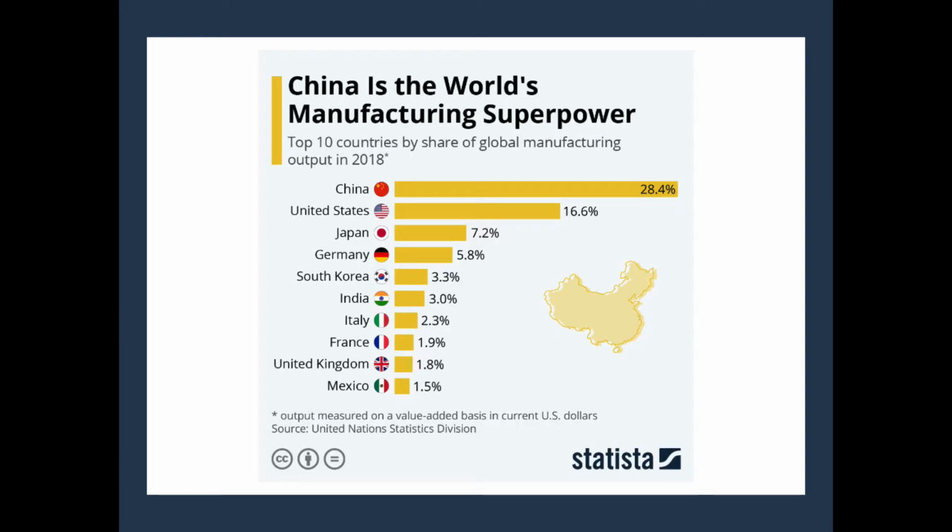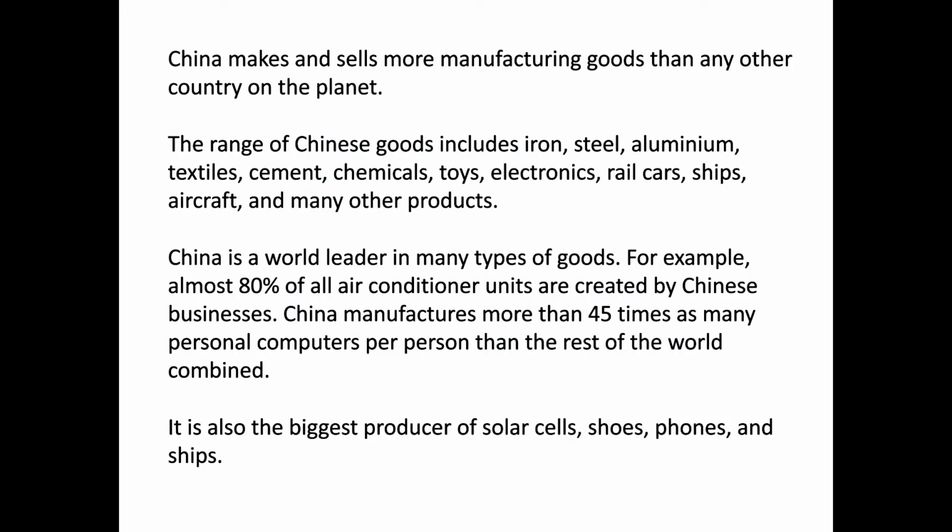And then they go through their own version of the Industrial Revolution. Okay, this is just a few facts and figures about China, none of which you need to know. I think it's the sentence at the top of the page that sums it up, really. China makes and sells more manufacturing goods than any other country on the planet.